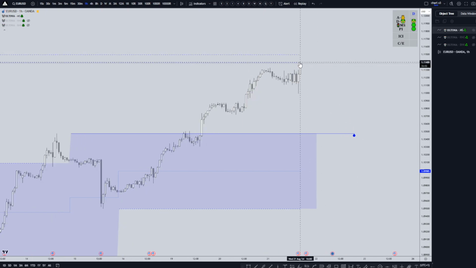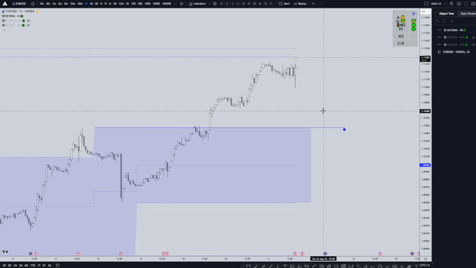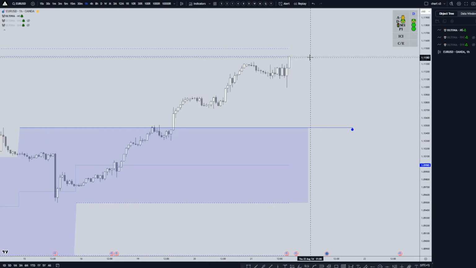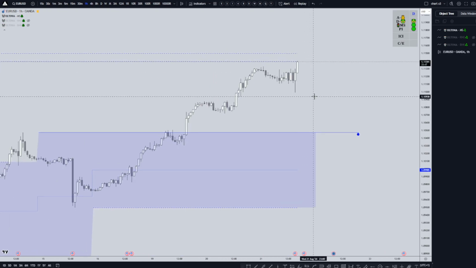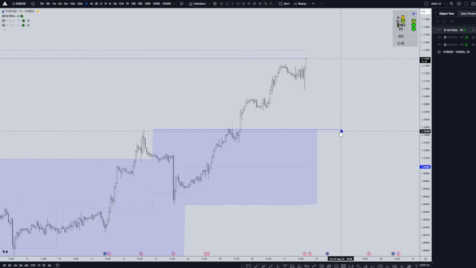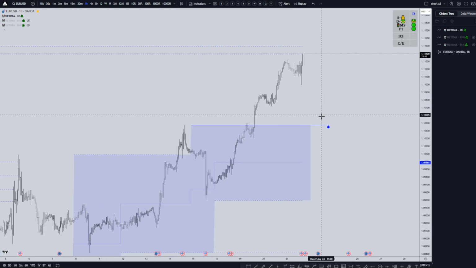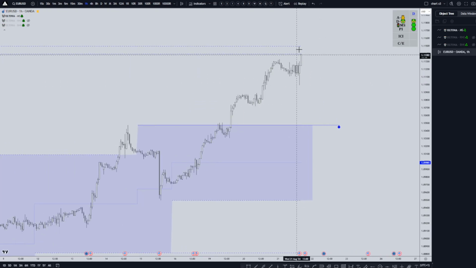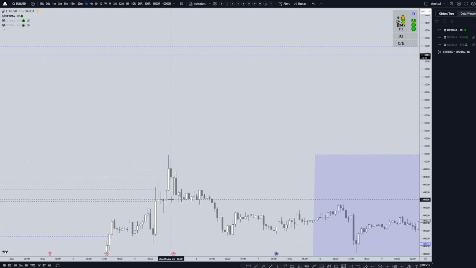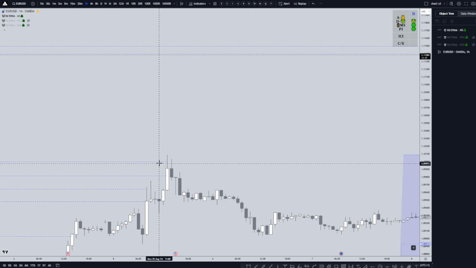We are hitting that liquidity. Beautiful. Come on, nearly there. So you will see this line appear here. There is a slight bug: if one candle takes multiple levels, it's going to appear on the first, not on the last level. For example, you can see this candle took out this level.